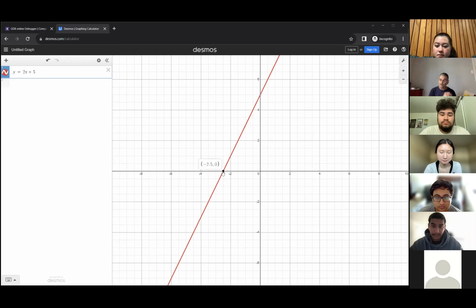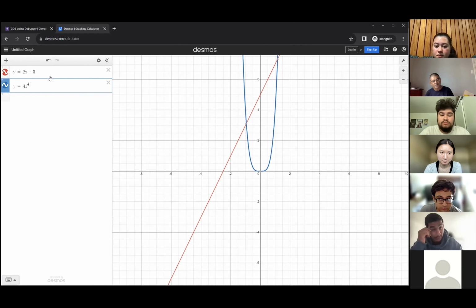Now let's draw a more complex curve in Desmos. We'll stick to parabolas initially, though obviously you can also do cubic equations. Let's hit enter and draw another curve. Let's say y equals 4x to the 4th plus 3x squared minus 2y cubed.